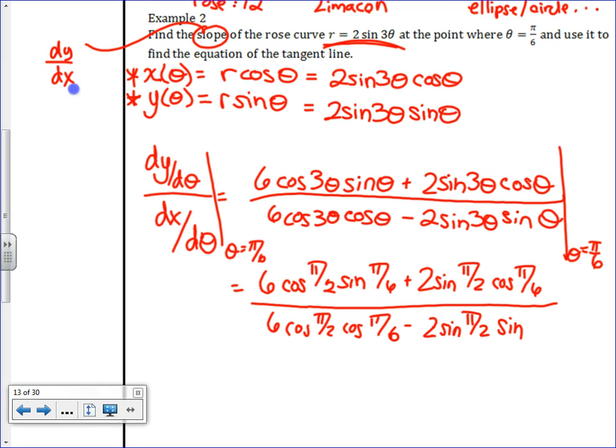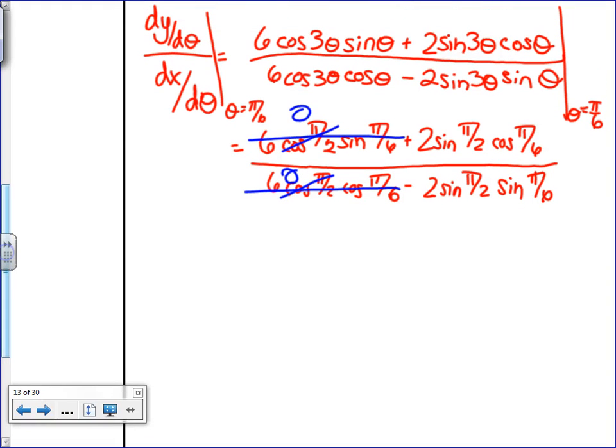Nice thing is, pi over 2 is 90 degrees, right? So at 90 degrees, what's cosine of 90 degrees? 0. So the 0 terms vanish. Sine of pi over 2 is 1.